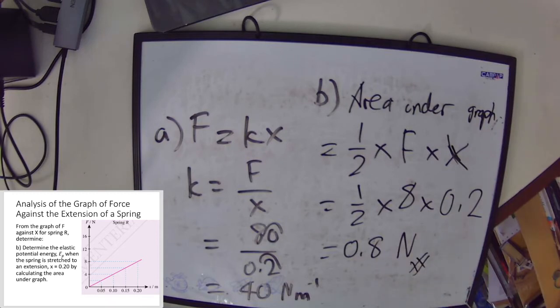So I hope everyone is following me so far. Now, what if the question did not give you the force? Let's say dia tidak suruh kamu do it by calculating the area under the graph, ataupun dia tidak pun beri graph tapi kamu hanya tahu dia punya spring constant. Then we can use the formula that we learned earlier.